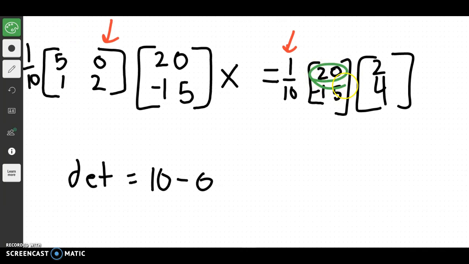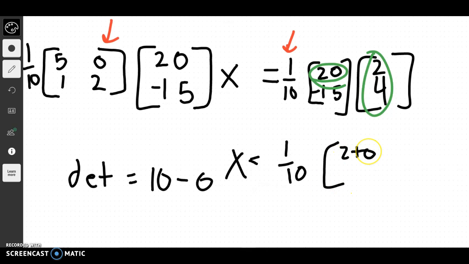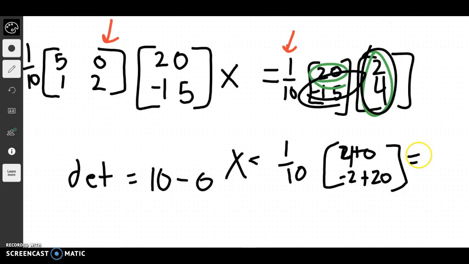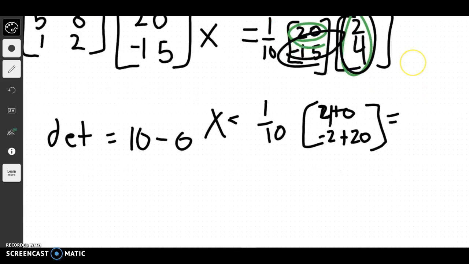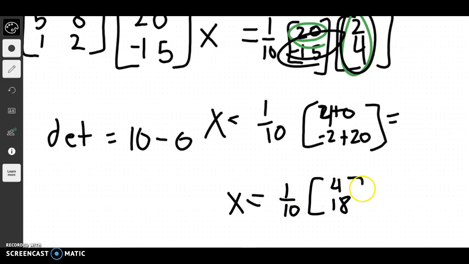Again, we will multiply these, so x is equal to 1/10. That'd be 2 plus 0, that'd be 4 plus 0. And then we'll multiply the other one, which would be negative 2 plus 20. So again, this would simplify to be 4 over 18.